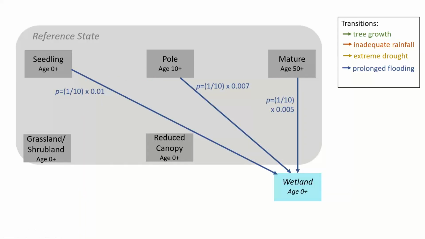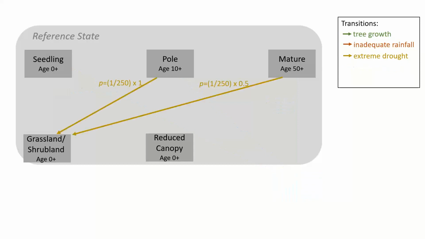Colin, I'm a pest, so I'll add something to that too. The 1 in 250 is when you define extreme drought, which means different things to different people. You need to define what you mean by extreme drought.